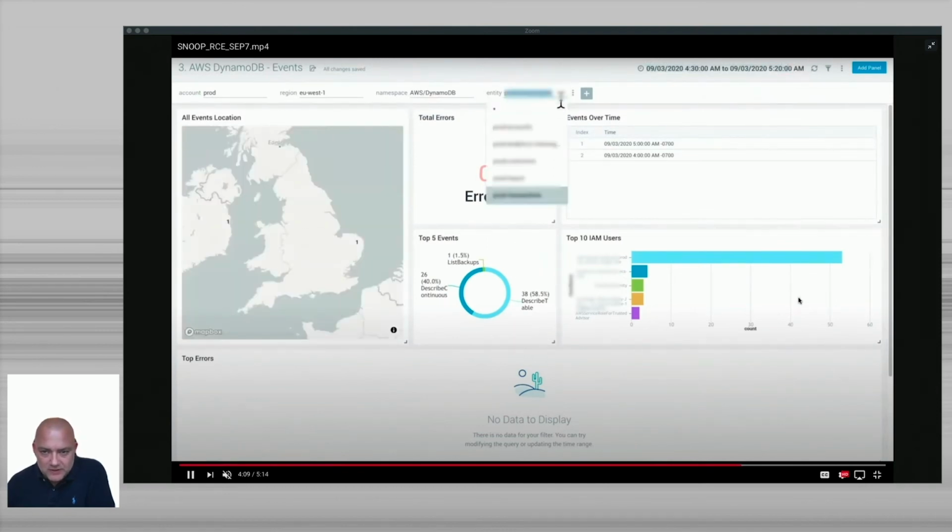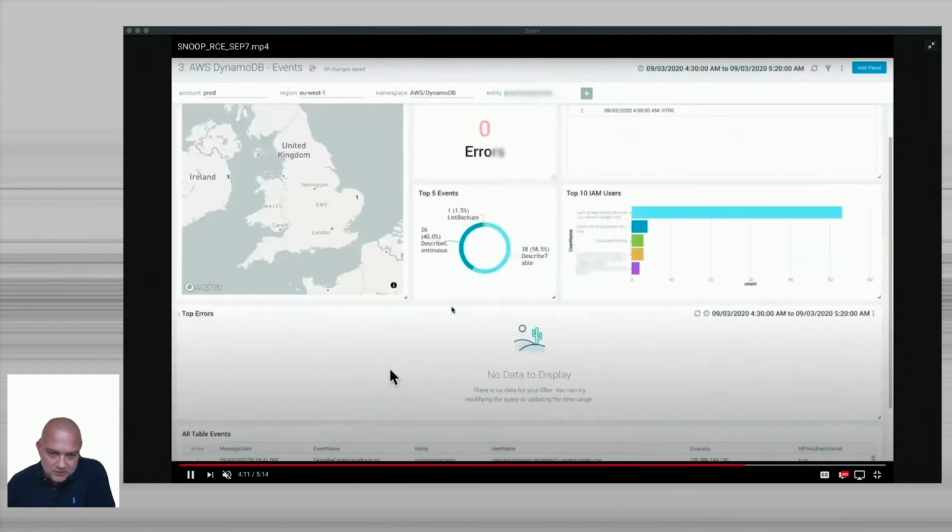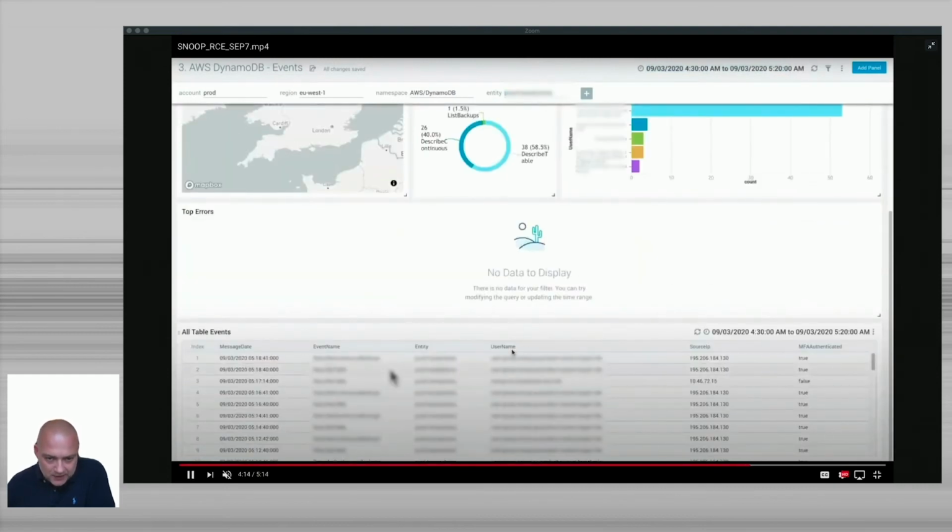So in the events dashboard, we can see that it's still the transaction table. We haven't got to change anything. It's kept that context. We can look at all the events on the tables. And we know from the AWS docs that DynamoDB should provide an event name of update table events when it's searching for new IOPS, so scaling out the DynamoDB. So we're looking for those in these events.